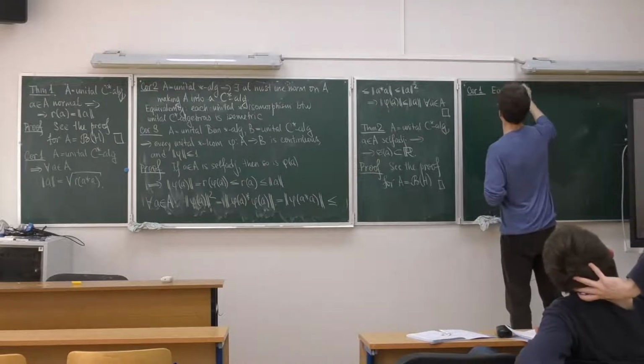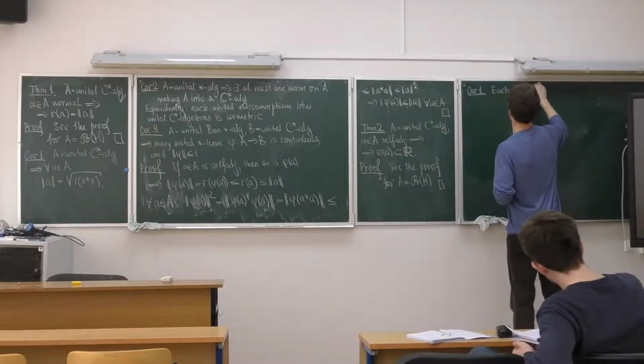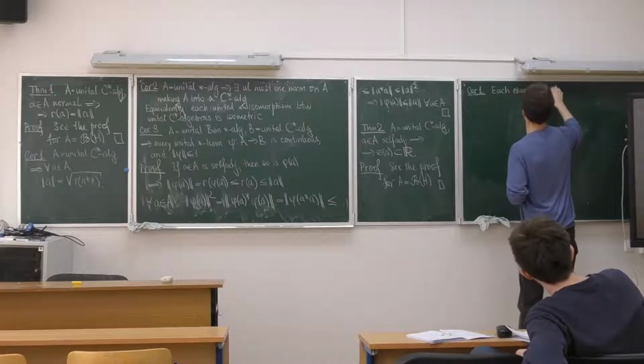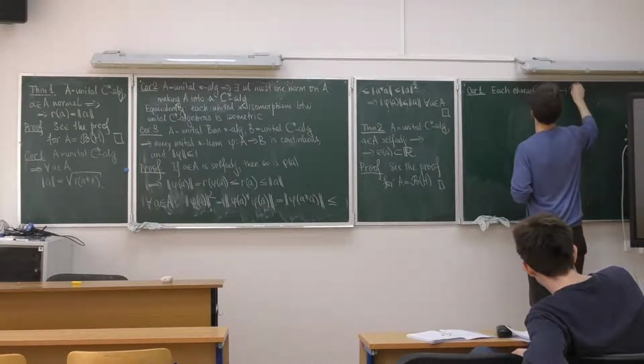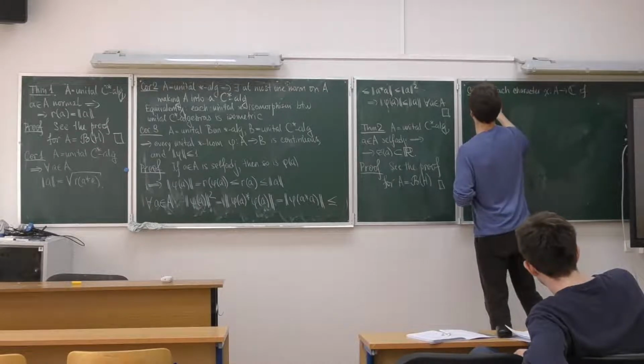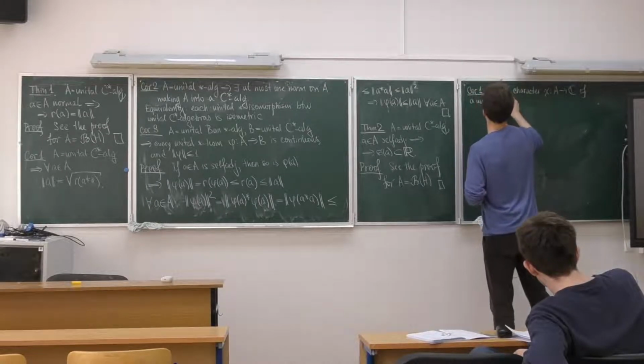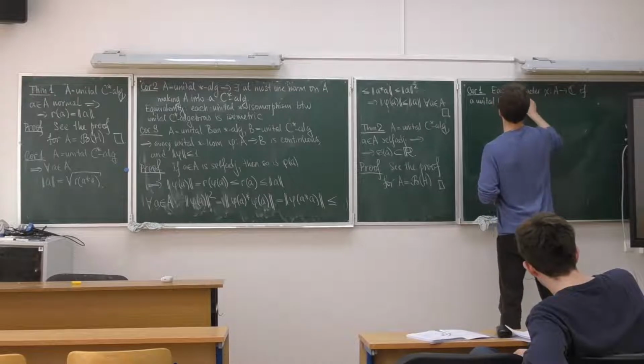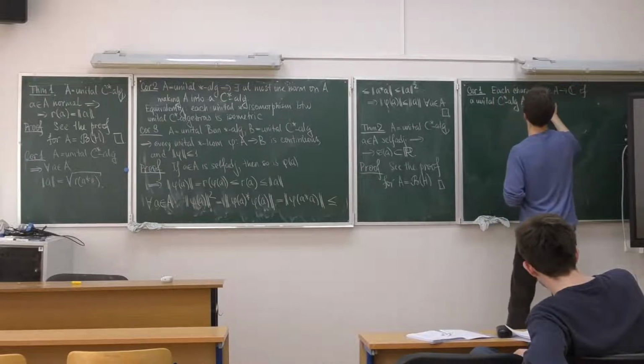Each character chi of a unital C-star algebra A is a star character.